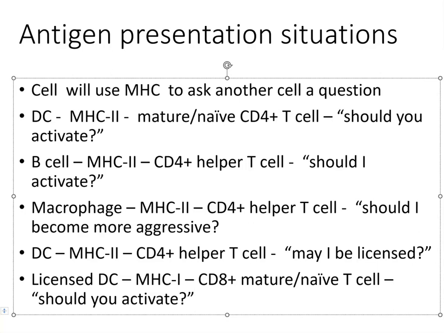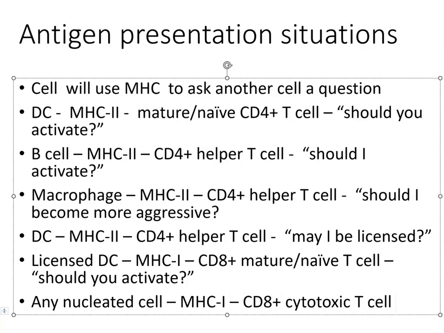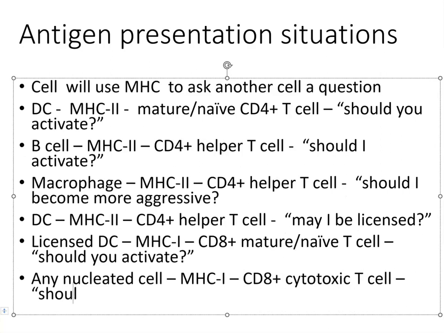It's finding the mature, naive, CD8 positive T cell that has the right receptor. And then once we have an activated CD8 positive cytotoxic T cell, we can start seeing any nucleated cell has to use MHC1 to ask a CD8 positive cytotoxic T cell, should you kill me?